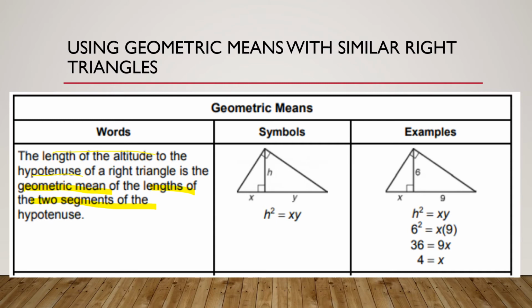So in this case, the h is our geometric mean, and it's equal to those two pieces of the hypotenuse multiplied together. So in our example, 6 is our geometric mean, and it's equal to the x and the 9 being multiplied together.